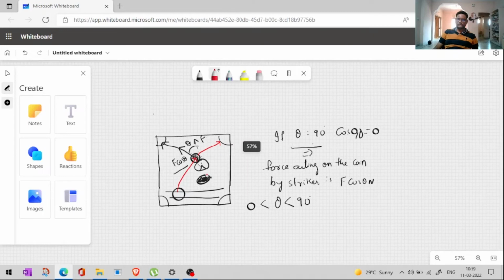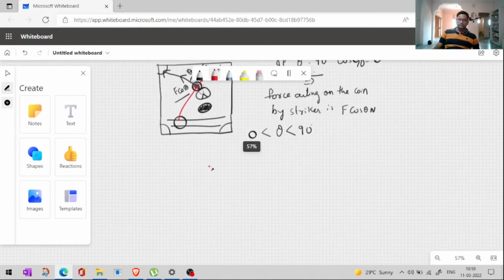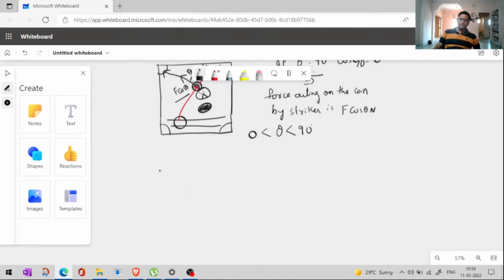Let me write this one. The first condition which is required is that there has to be no blockage, or you can say no interruption, or rather no other game object.